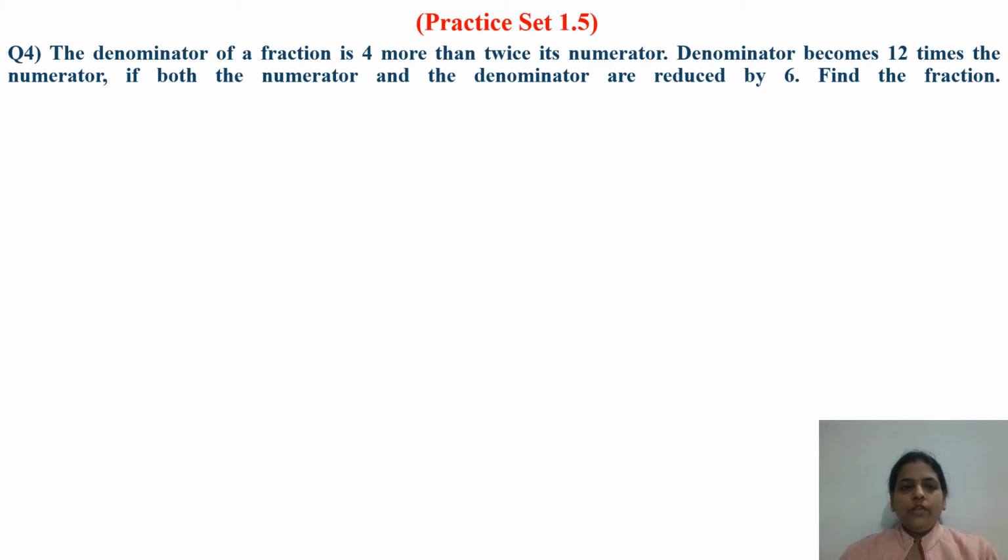Some information is given, so first we will create equations, and after that we will solve these equations using any method, that is Cramer's rule, elimination method or graphical method. We will understand this problem step by step, so listen carefully.